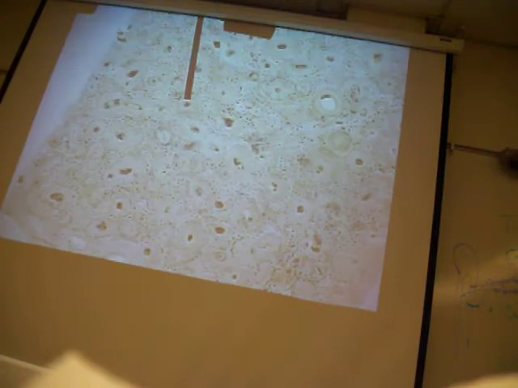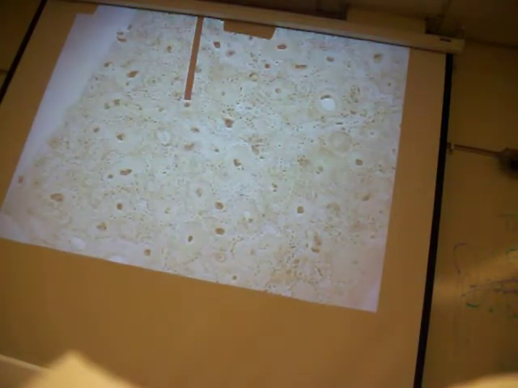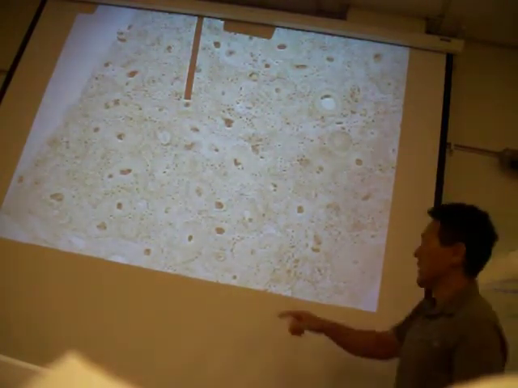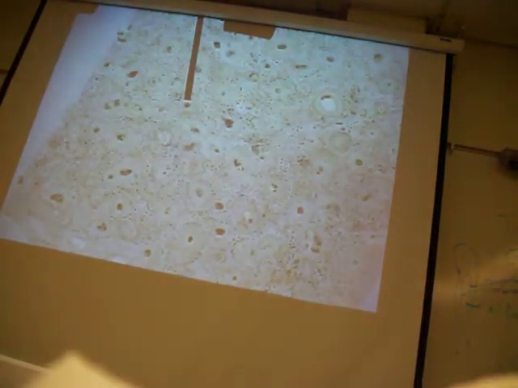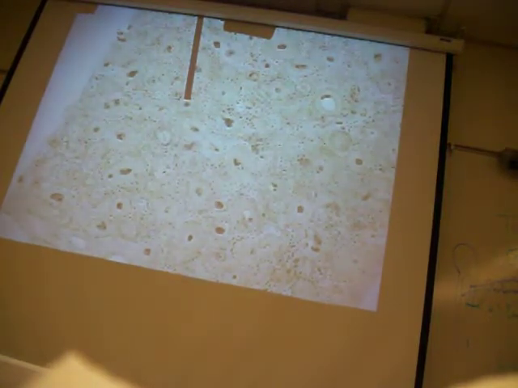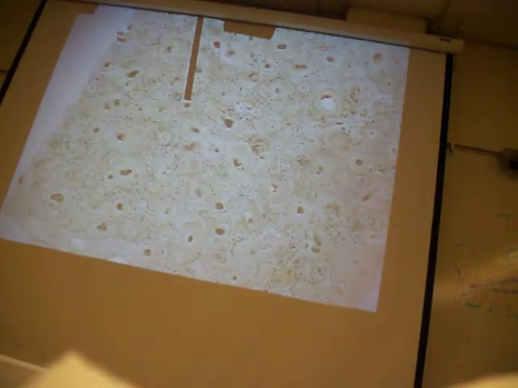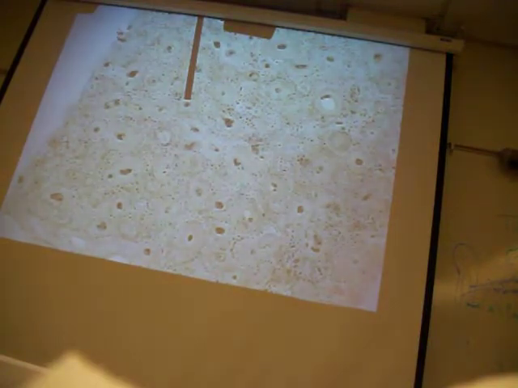You may come across the term Haversian canal. So the very center portion, that's the osteon canal. This whole structure is the osteon. That's the osteon canal.